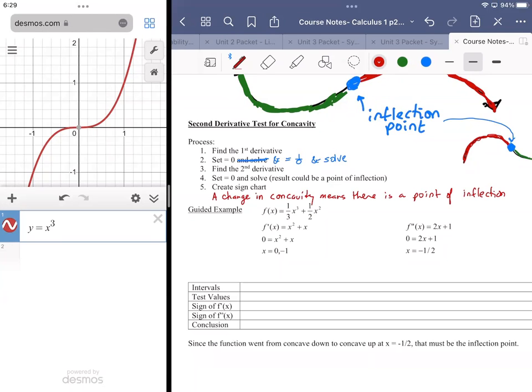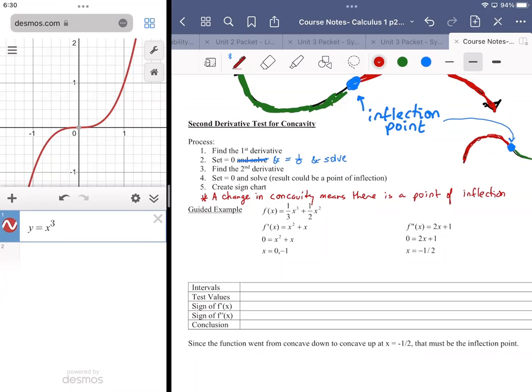We're always making that assumption. You have to assume that the graph exists at that location. If it's at an asymptote, it's not a point of inflection if there's no point on the graph. So there are some caveats to this, but that's the general rule of thumb.